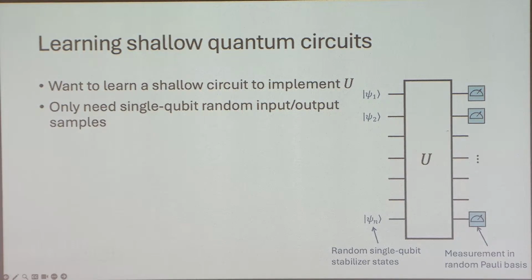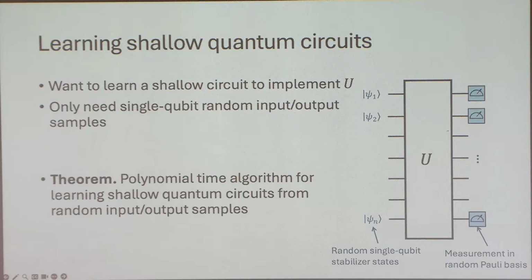This is also known as the classical shadows for quantum circuits. Next, I will discuss how to achieve this result: a polynomial time algorithm for learning shallow quantum circuits from random input-output samples.